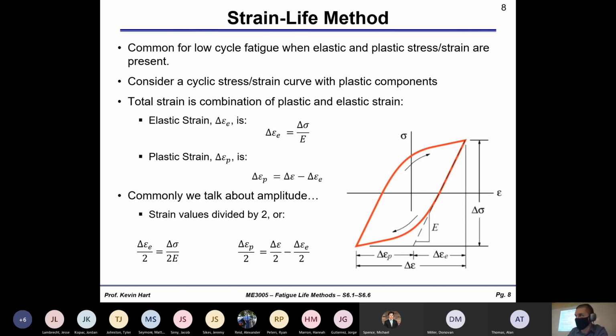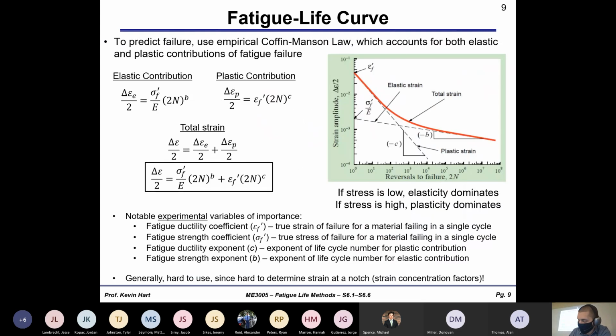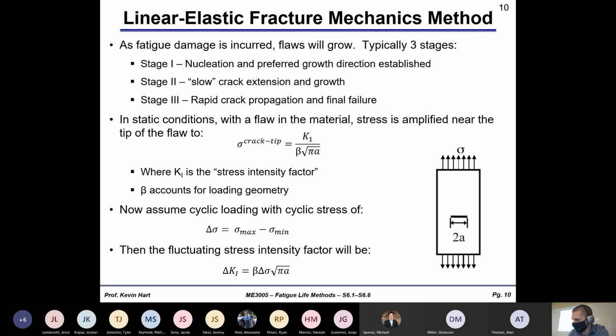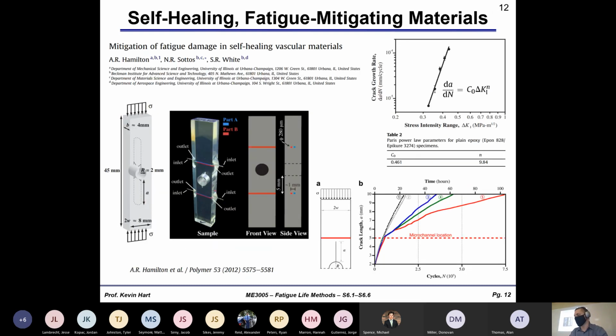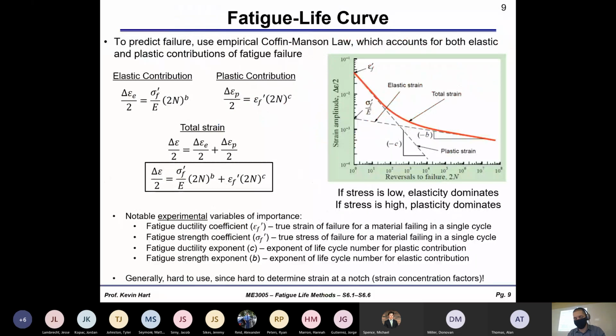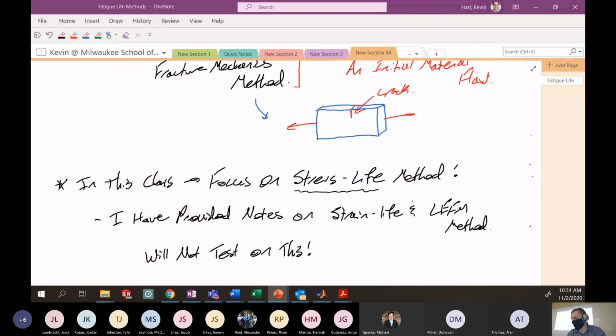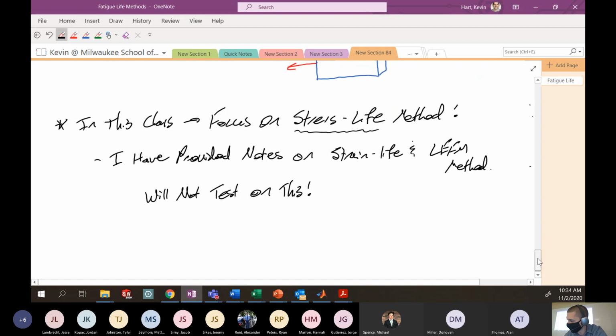We're not going to discuss it any more than what I'm talking about right now. Fatigue life curve for strain. Linear elastic fracture mechanics requiring a pre-crack. Paris law, which is dealing with that, etc. That's all I'm really going to say about these, available on Blackboard if you'd like to check them out. Otherwise, we're going to just focus on the stress life method. And I'm not going to test you on strain life or linear elastic fracture mechanics.